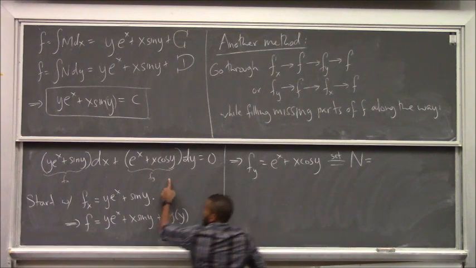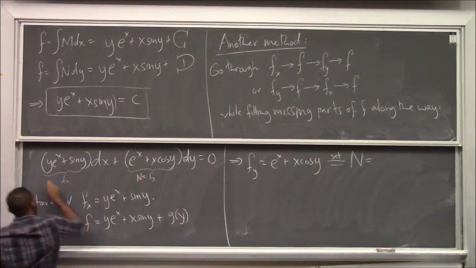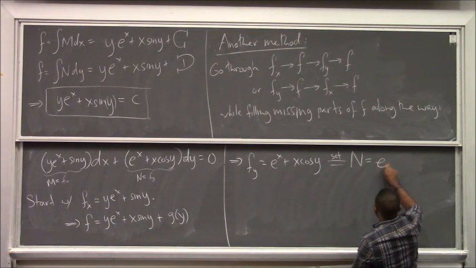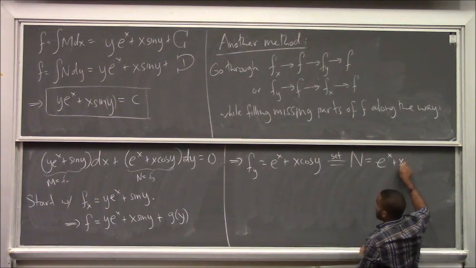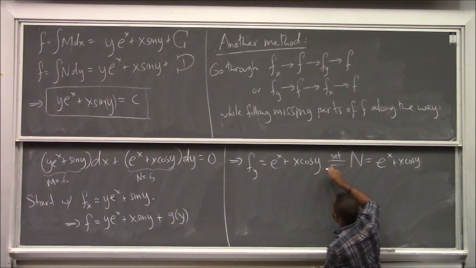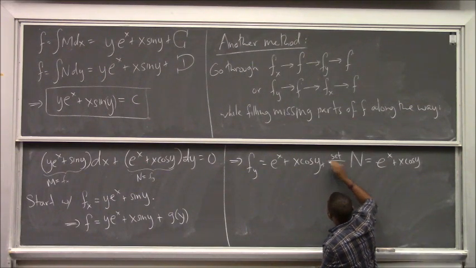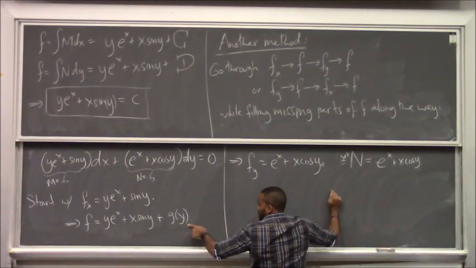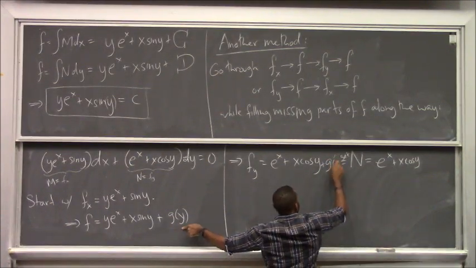Because your N is this guy. And so this would be set equal to e to the x plus x cosine y. And don't forget this function here, plus the g prime.